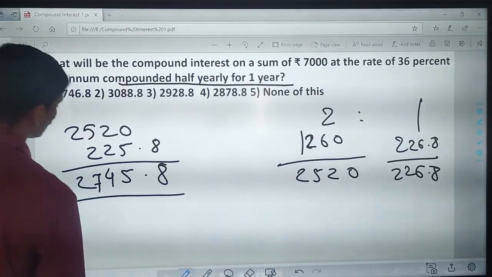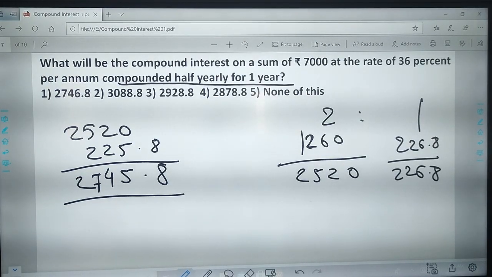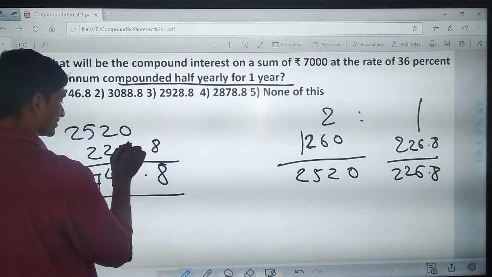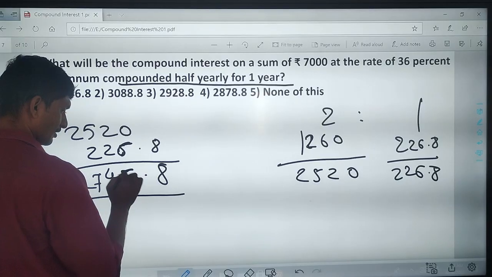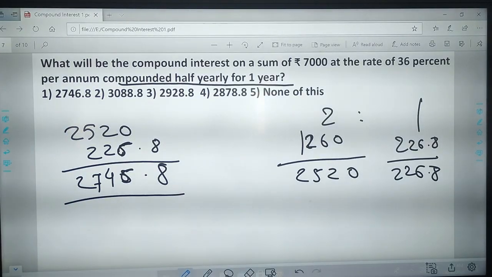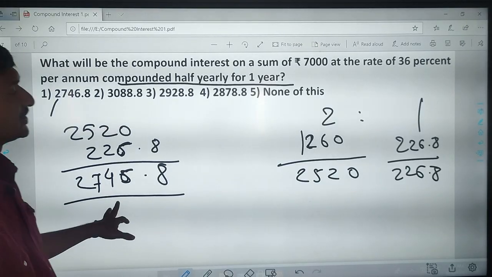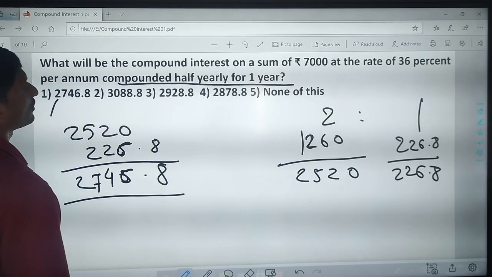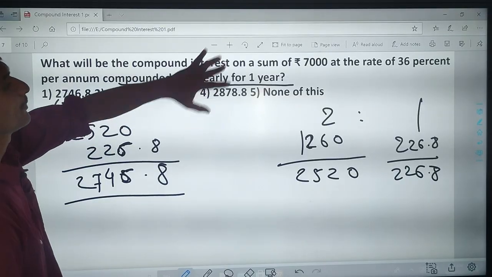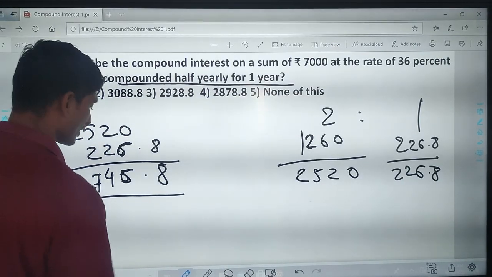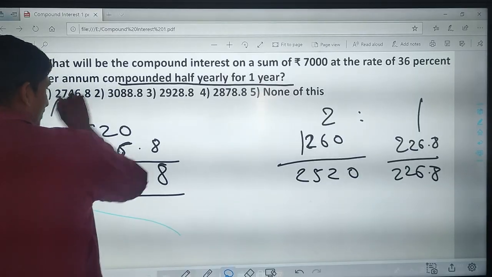Your answer is 2,746.8. This is your interest for 1 year if interest rate is 36% and compounded half yearly.